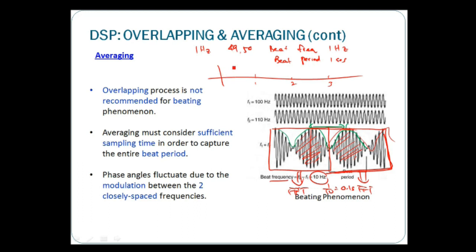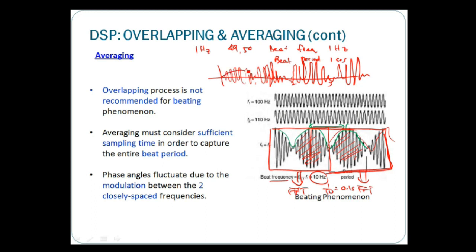Probably you will see the vibration go up, down, then up again slowly, then down again, then up again, down again.